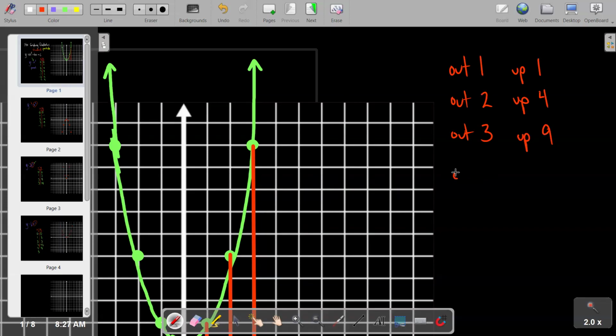If I go out 4, how far up would I go? If I go out 5, how far up would I go? Good. And listen, these aren't really hard to memorize. What are these numbers? Yeah, they're the red list numbers, right? They're squares. So it's not like you have to memorize them. You will, but if you forget them, they're just the squares, right? 1 squared, 2 squared, 3 squared.